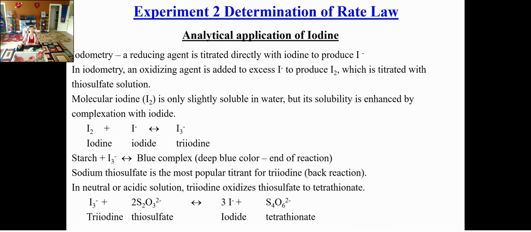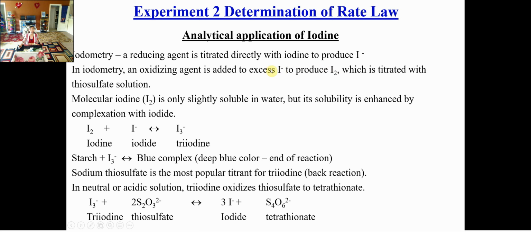Another important point I want to show you is called iodometry. In iodometry, a reducing agent is used to titrate directly with iodine to produce iodide. You have your I2. If you allow I2 to be reduced, you are going to produce iodide.